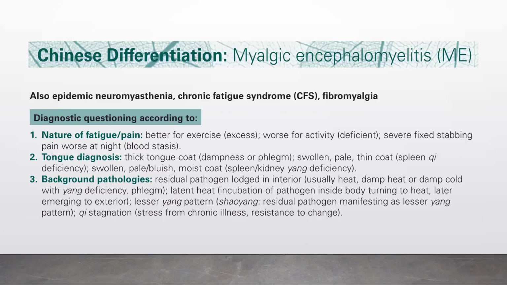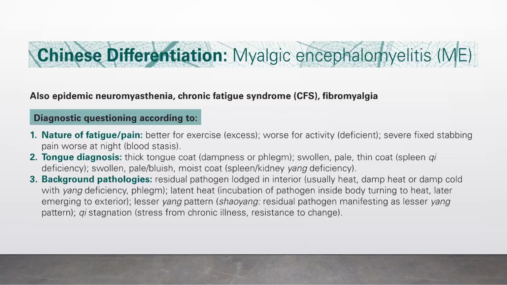Number 2, tongue diagnosis. Thick tongue coating: there is dampness or phlegm. Swollen, pale, thin coat: Spleen Qi deficiency. Swollen, pale, bluish, moist coat: Spleen Kidney Yang deficiency. Number 3, background pathologies. Residual pathogen lingering in the interior, usually damp heat, or damp with Yang deficiency, phlegm.